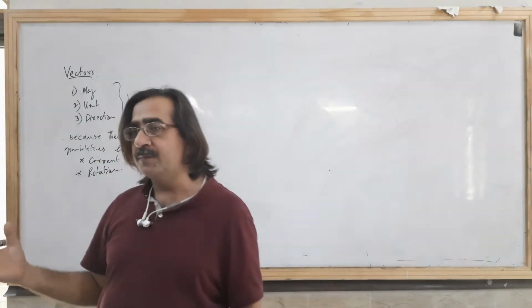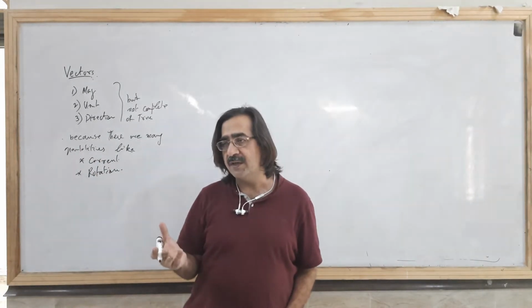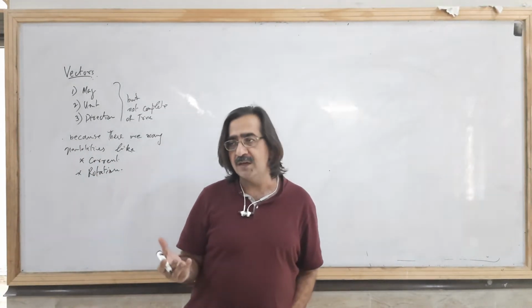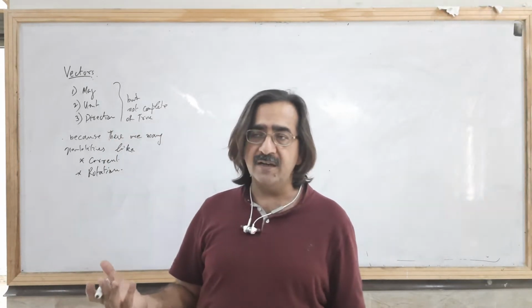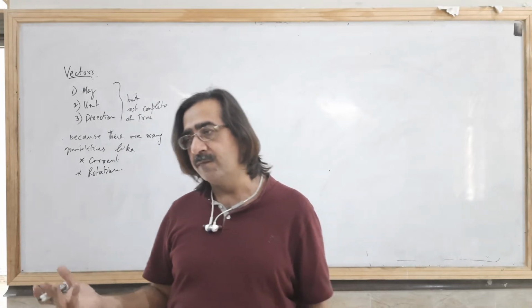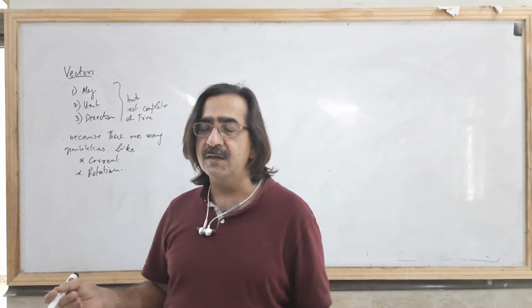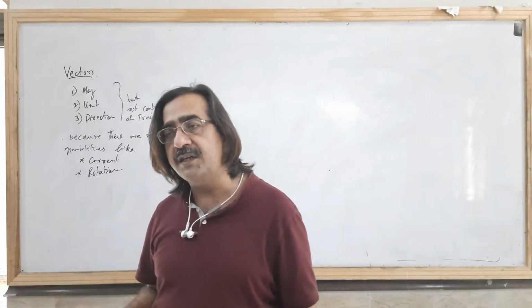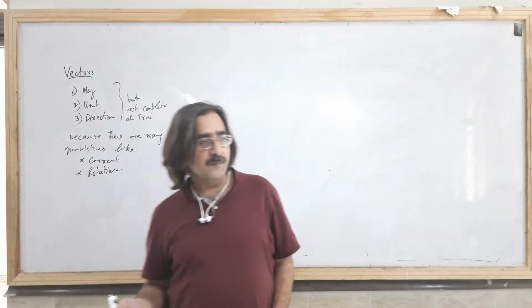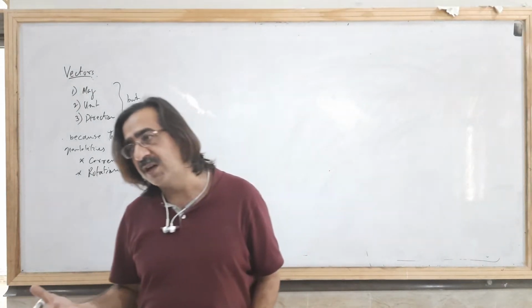Similarly, rotation has a magnitude, the angular displacement, which you can measure, and it has a unit, which may be the radian or the degree. The most favorite unit is the radian. And it has a direction, the direction of rotation.